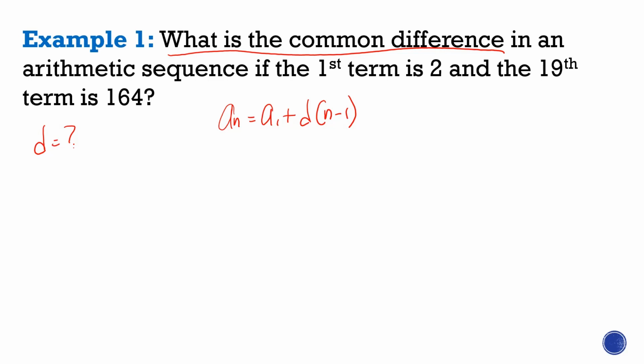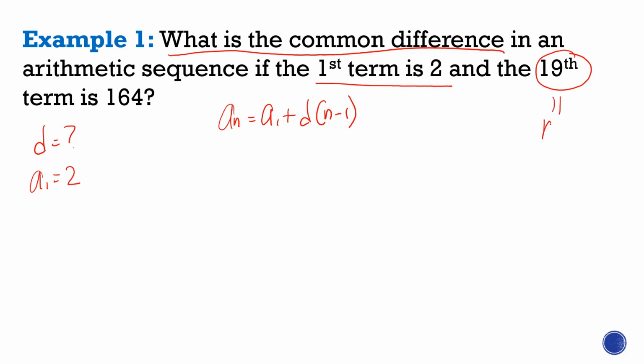In this arithmetic sequence, what is the common difference if the first term is 2? So our a1 is +2. And the 19th term is 164. So 19, what is that? Is that an or n? We only have 2 choices.